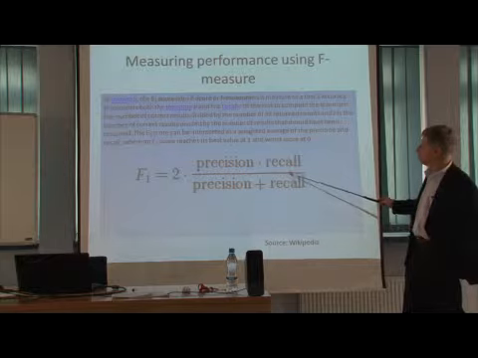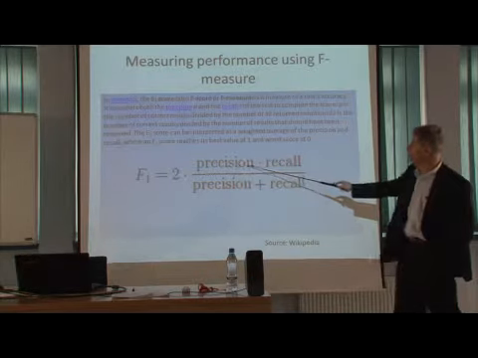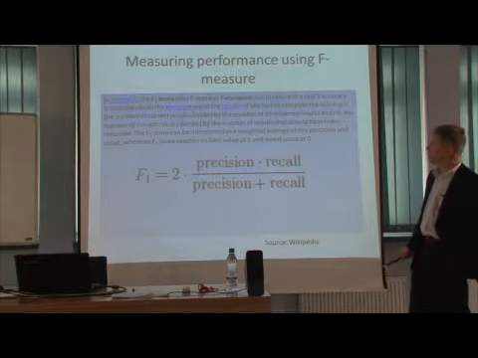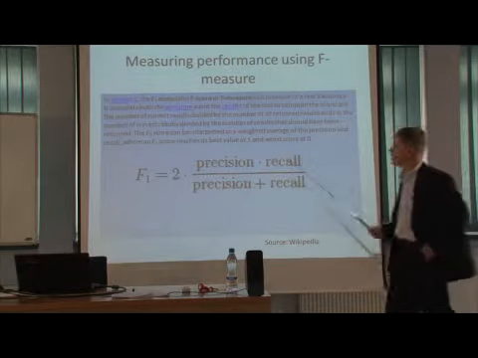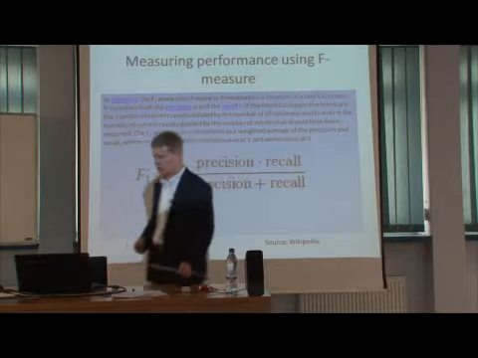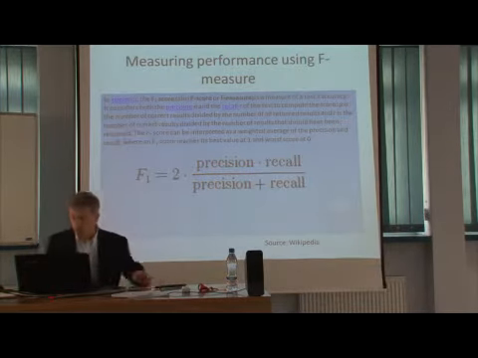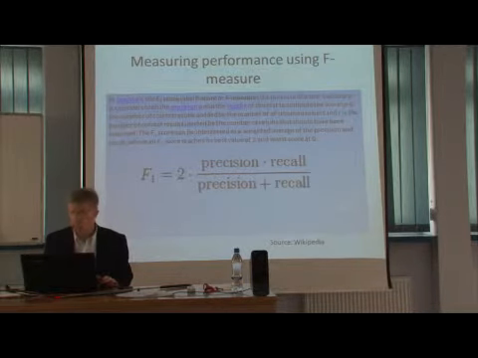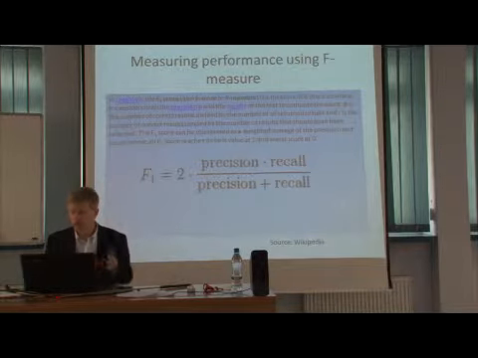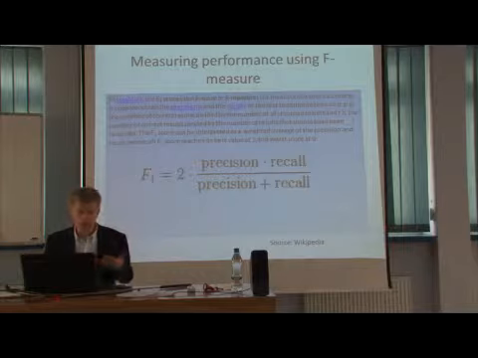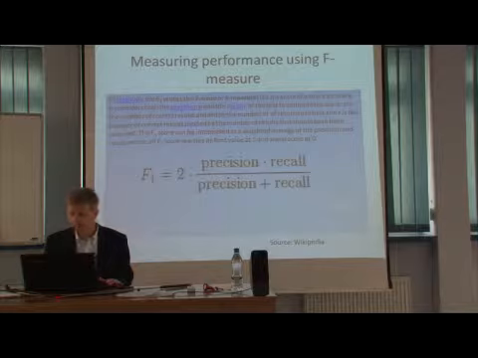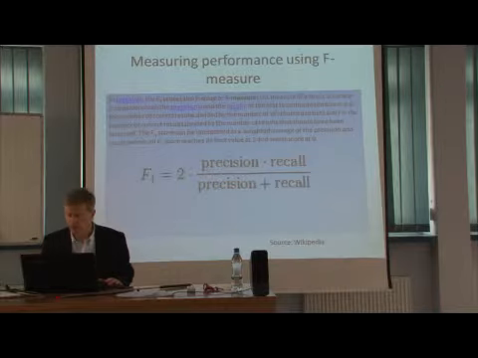And if you increase recall and keep precision the same, it's also going to improve your F measure. So that is a way of putting together precision and recall, and then comparing the quality of classifiers based on these two numbers. If you want to say this classifier is better than the other, the usual way of saying it is because the F measure of the second classifier is better than the F measure of the first classifier.